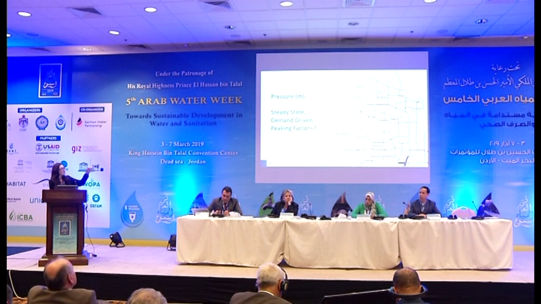And this is for a peaking factor of 4, 5, and this for the 7, it means that we are supplying people with their weekly demand in 1 day. So as shown here, most of the system is suffering from lower pressures.